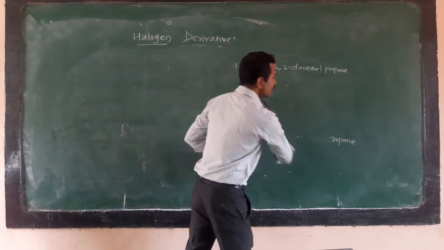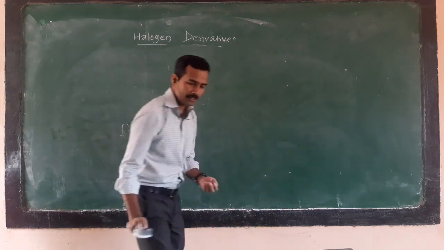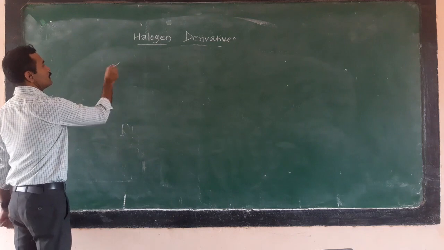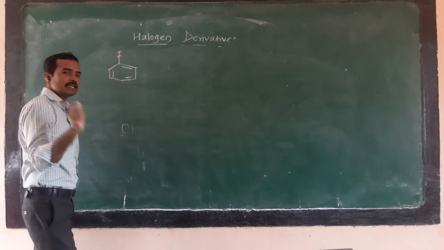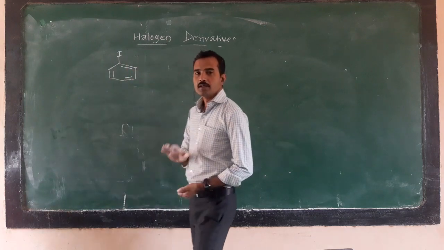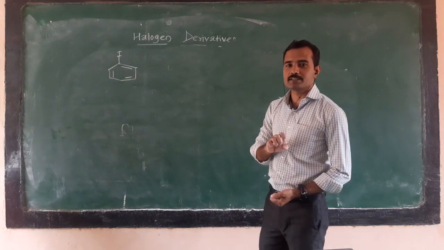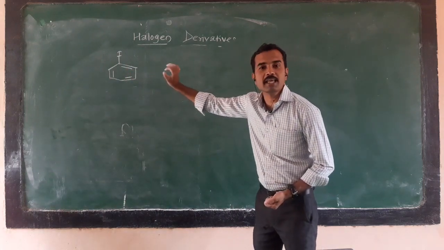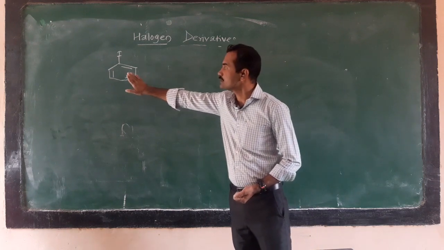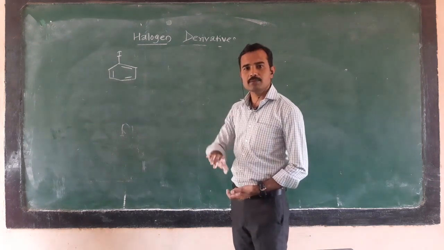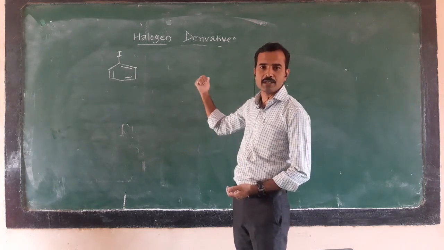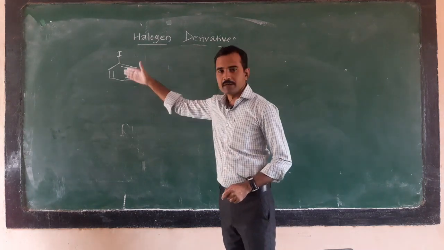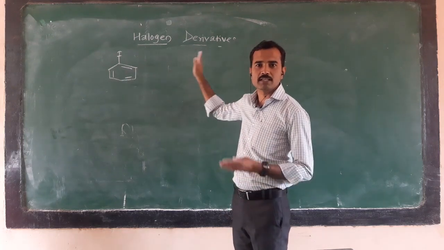Now we switch over to haloarenes. The nomenclature system for haloarenes is very simple. What is the essential condition for this? In the common system and in the IUPAC system, both have the same name for haloarenes. So iodobenzene is iodobenzene in the common system as well as in the IUPAC system.